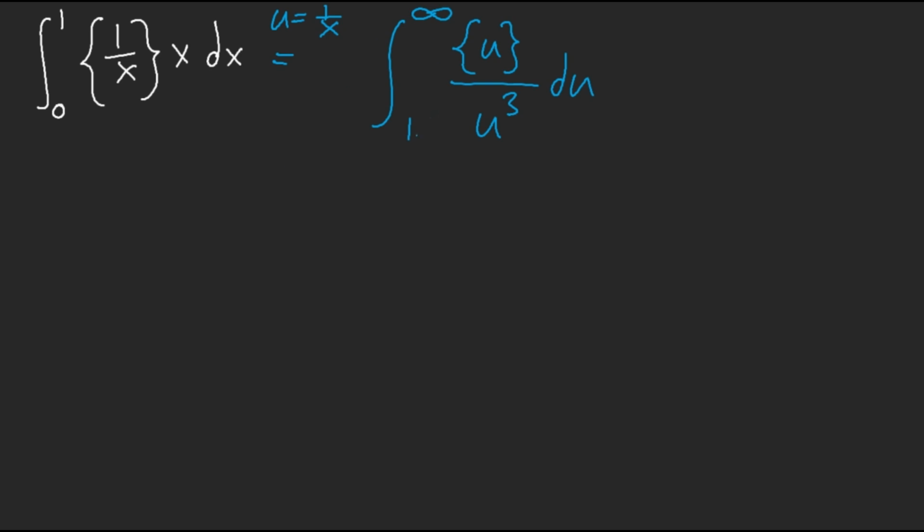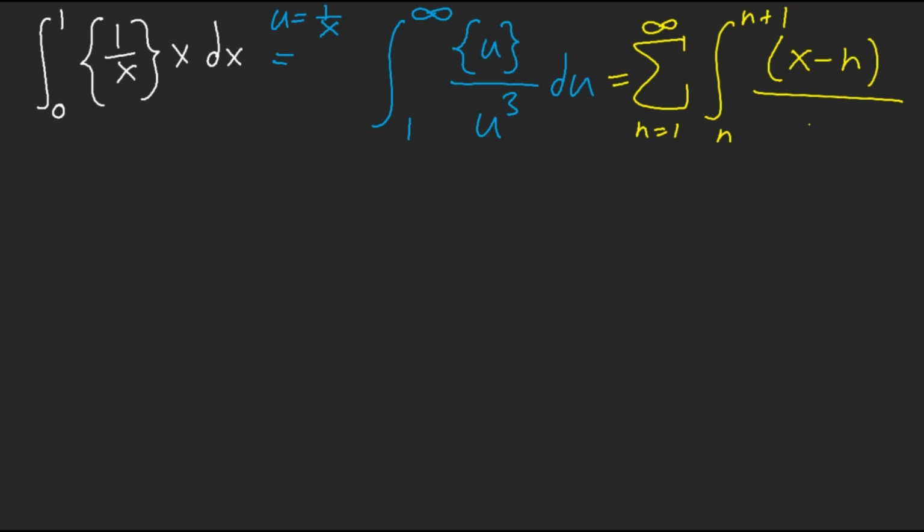So, from 1 to infinity, we go ahead and turn this into a sum. n equals 1 to infinity, we have the integral from n to n plus 1 of x minus n over x cubed. We'll just turn it back to x, just because. Okay. So now what?